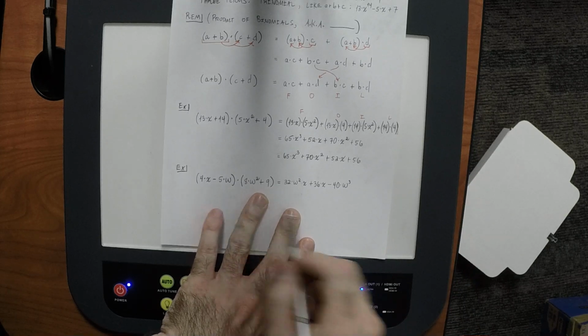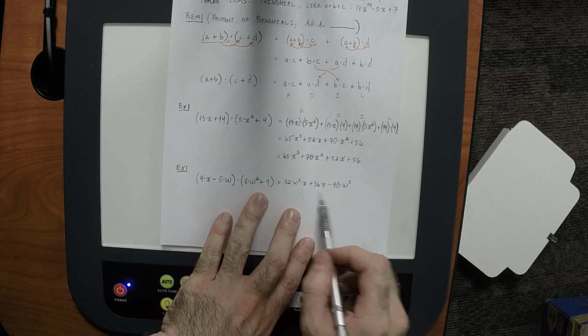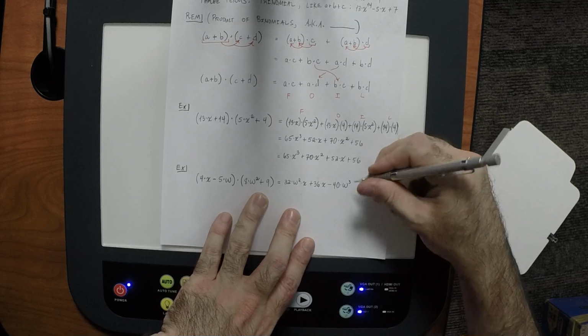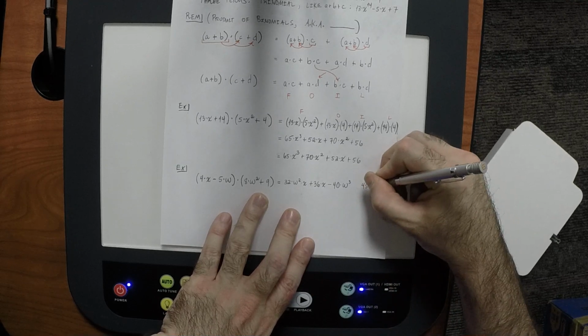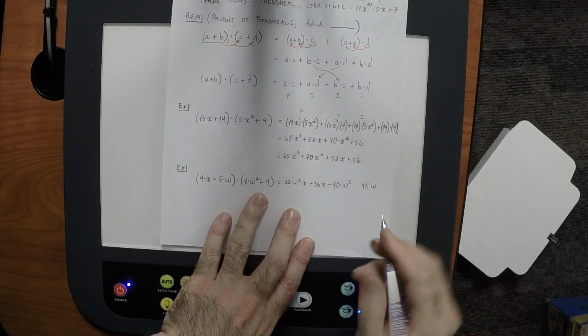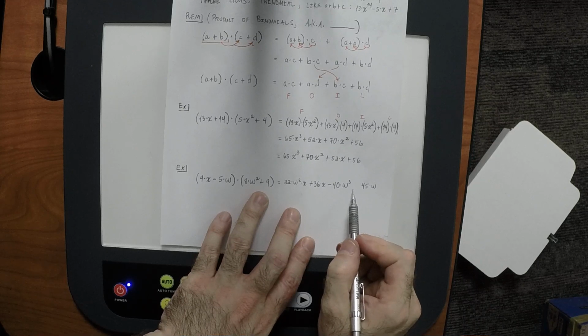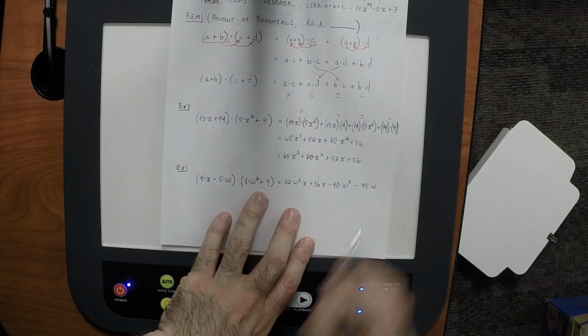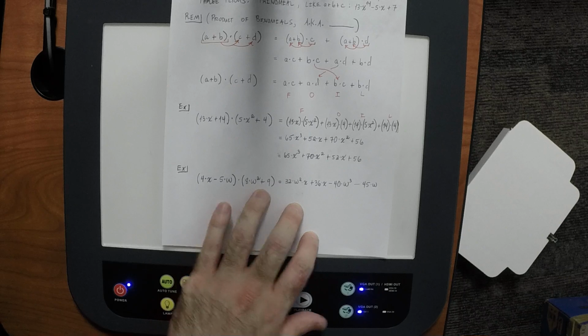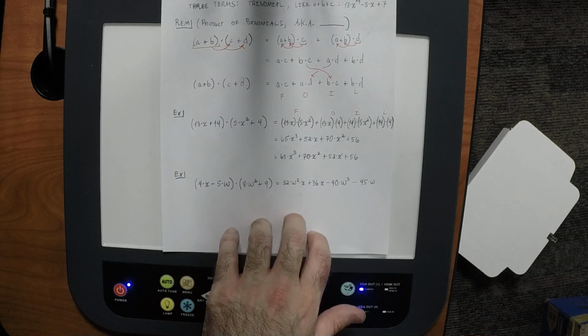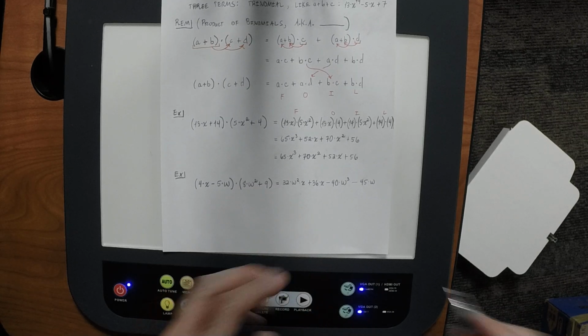Good. And as for FOI and then L, 45. Okay. Is it add or subtract? Subtract. Okay, good. Any question about this one? So now we want to collect. Is there anything to collect?